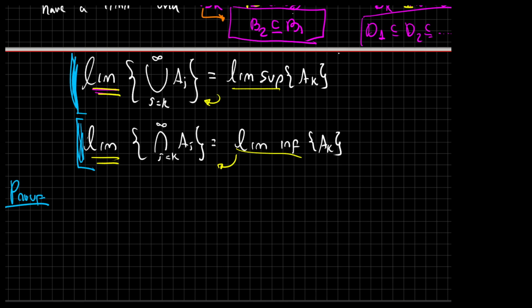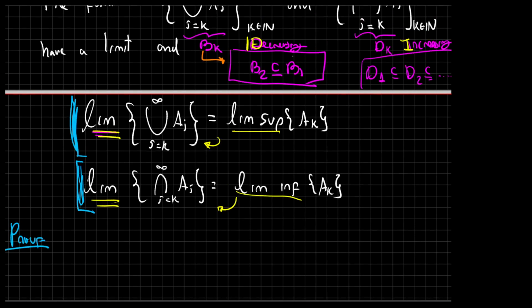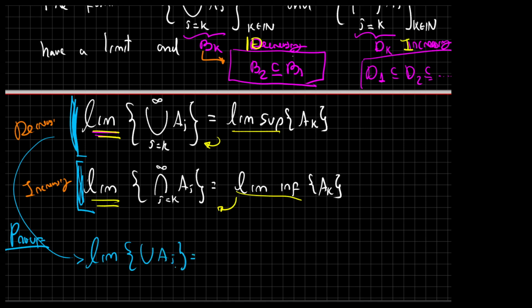So in this case, this is decreasing, and this is increasing. Since this limit is decreasing, let's work this case first. This limit will be equal to the intersection. So this is equal to this.